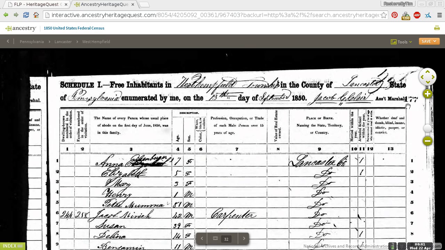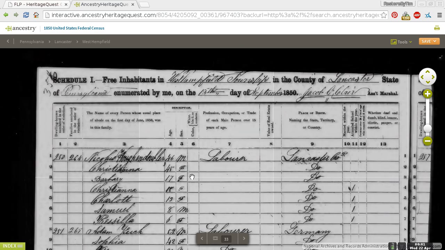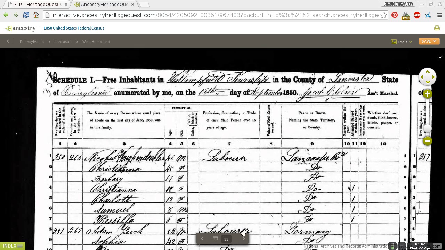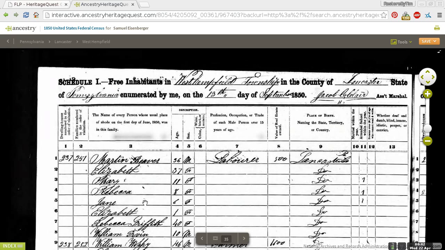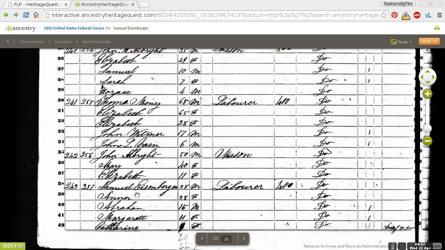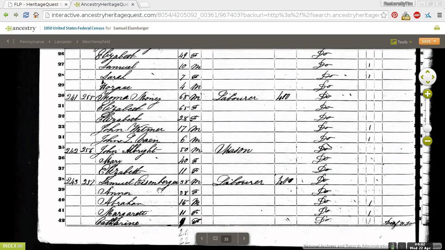This is the beginning of the Eisenberger family, or I should say the middle. No stamp there. 178. Here's the rest of the Eisenberger family, or I should say the beginning. Okay.